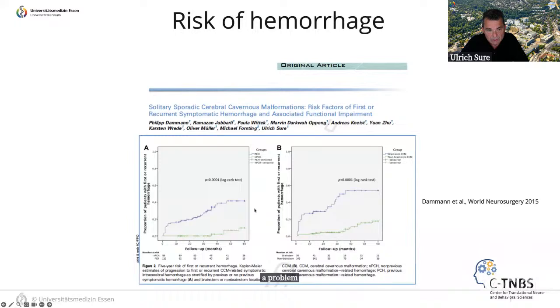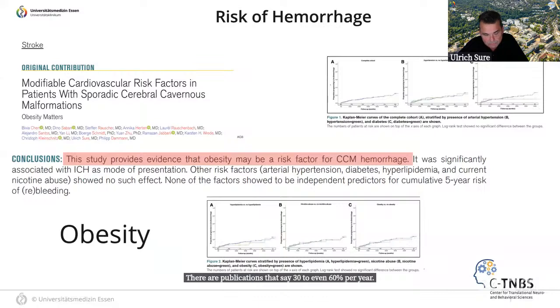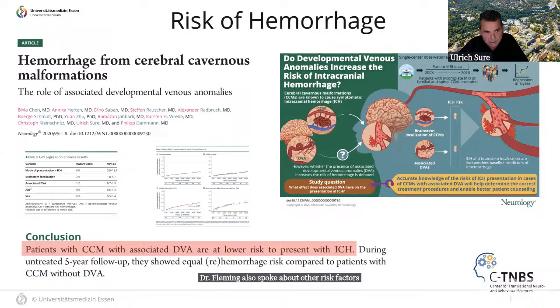Dr. Fleming has shown it: hemorrhage, higher risk, and deep localization, particularly in brainstem, very high risk, which can be, there are publications that say 30 to even 60% per year. Dr. Fleming also spoke about other risk factors such as obesity.